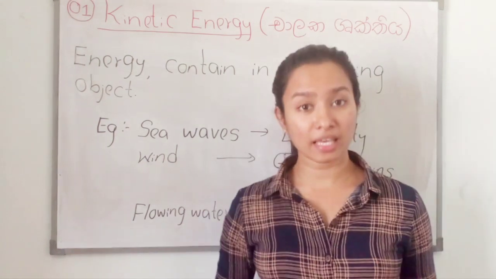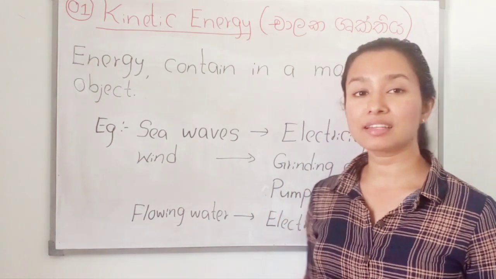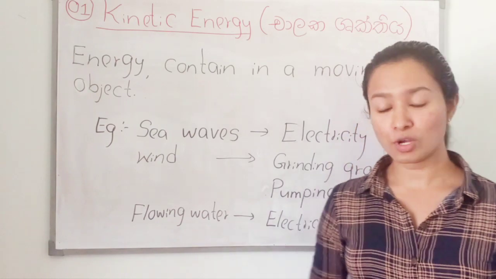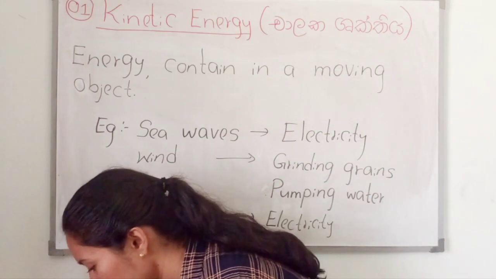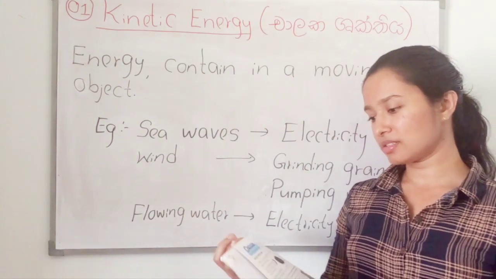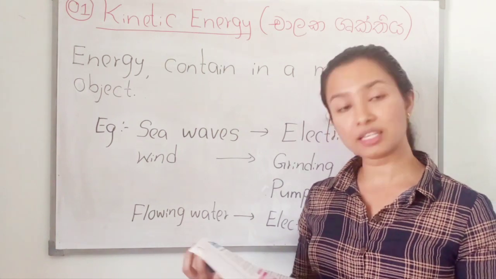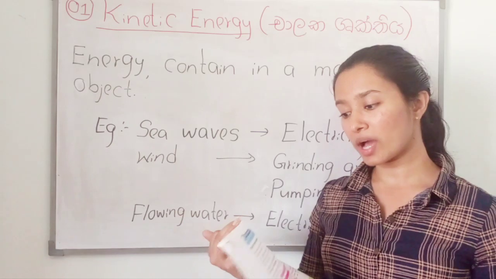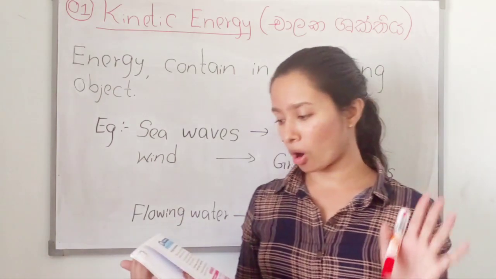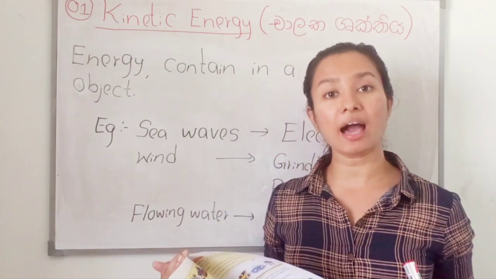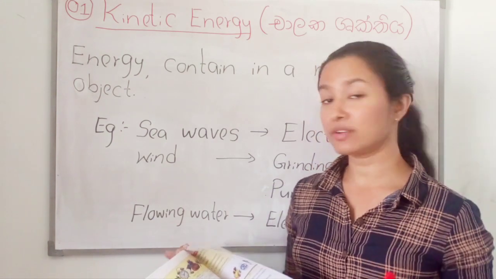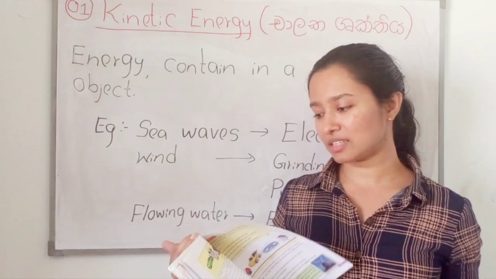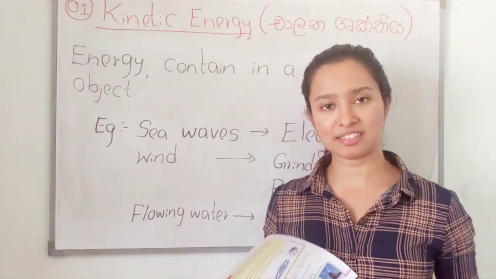So moving things contain kinetic energy. So this kinetic energy is very useful. So you have to answer assignment 7.2 on page number 92. You have to list out 5 objects which contain kinetic energy. We have discussed these things. You can write more than 5 objects which contain kinetic energy.